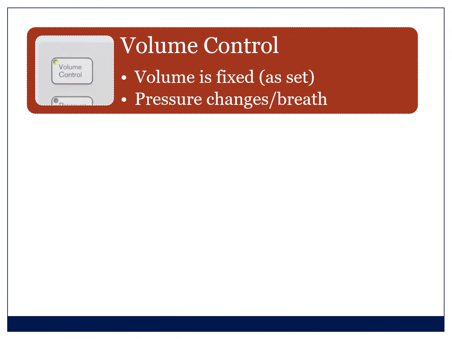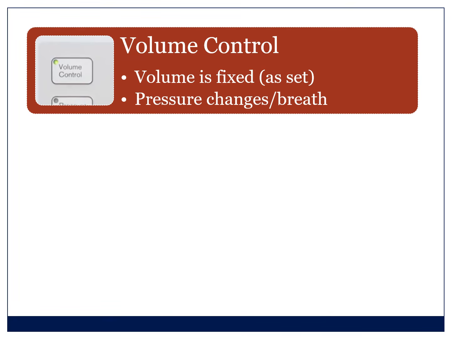So there are a lot of modes of ventilation, and I'm just going to run you through the most basic 2. These 2 really form the foundation for all the other modes. The first is volume control. When you're on volume control, there will be a little light depending on your machine, this is a Drager, that tells you that you're on volume control. Here you set the volume, and the pressure will change with each breath.